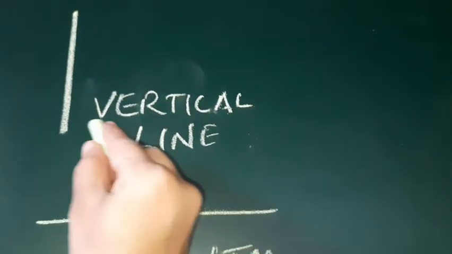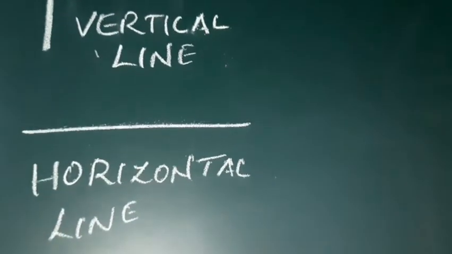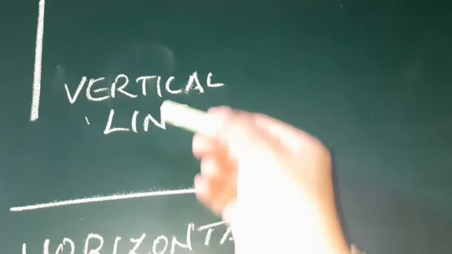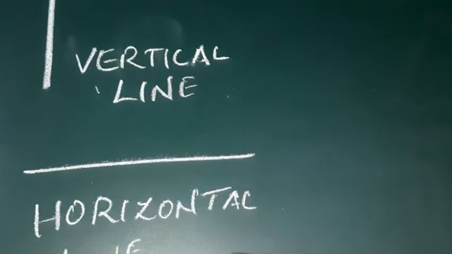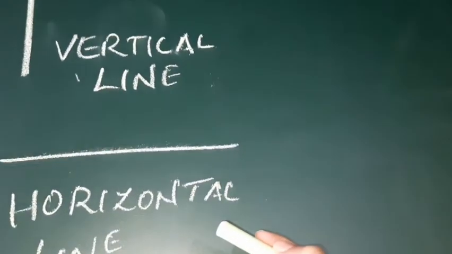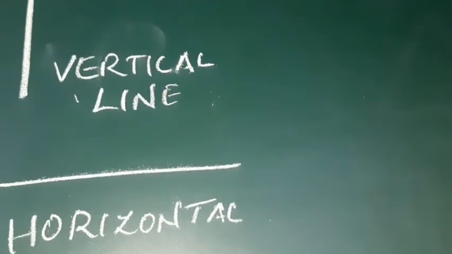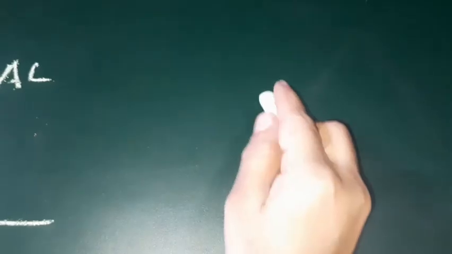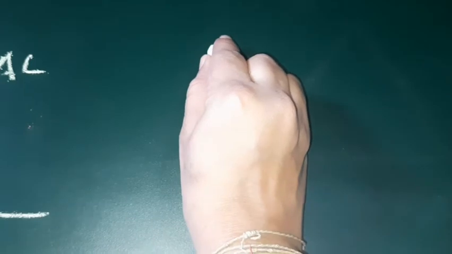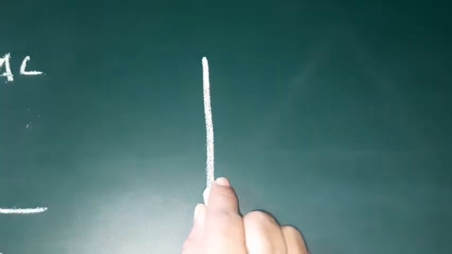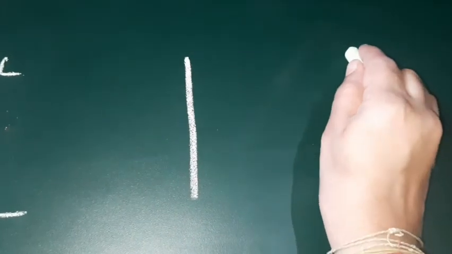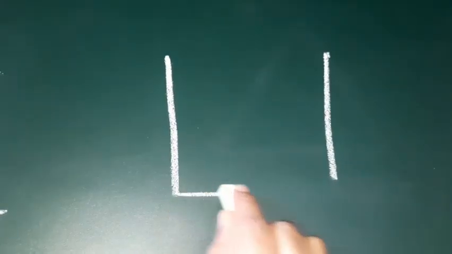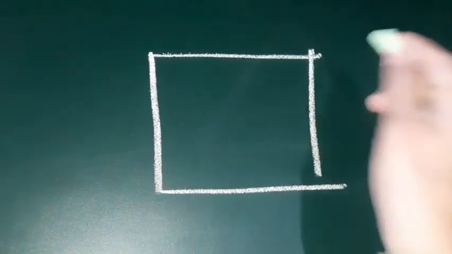So you know what a vertical line and a horizontal line are. Now with these vertical and horizontal lines, let's get to know how to draw the different types of shapes. To draw a square, we need two vertical lines and two horizontal lines.